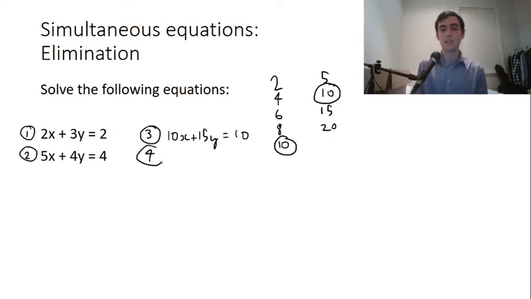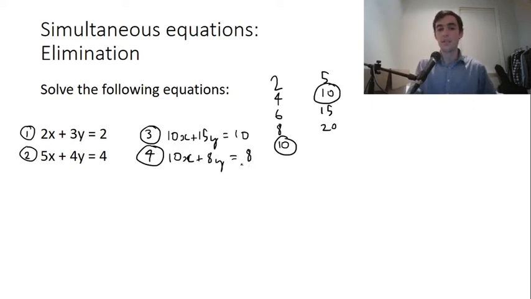We'll have an equation 4. We have to times everything by something that's going to make this 10. So that has to be 2. We'll times everything by 2. 10x, times this by 2, we get 8y equals, times this by 2, 8.